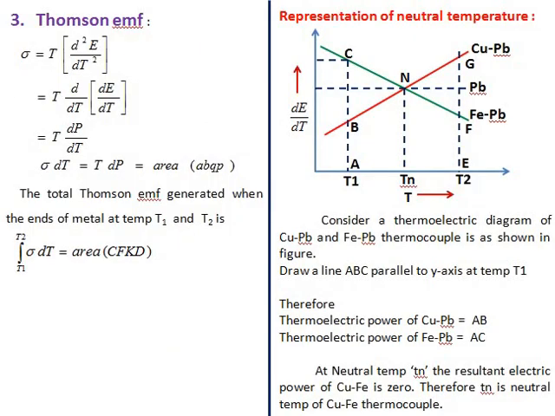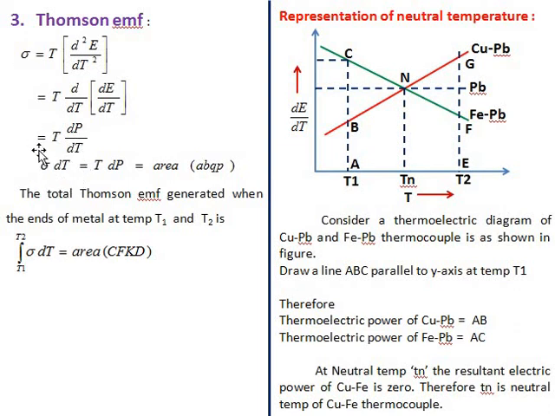Now next, Thomson EMF. So we know the Thomson coefficient. We derived an expression sigma is equal to T into d square E divided by dt square. So we just rearrange this, T into d by dt of bracket dE by dt. So here dE by dt is P. So therefore it becomes T into dP divided by dt. Okay. So just cross multiply it.